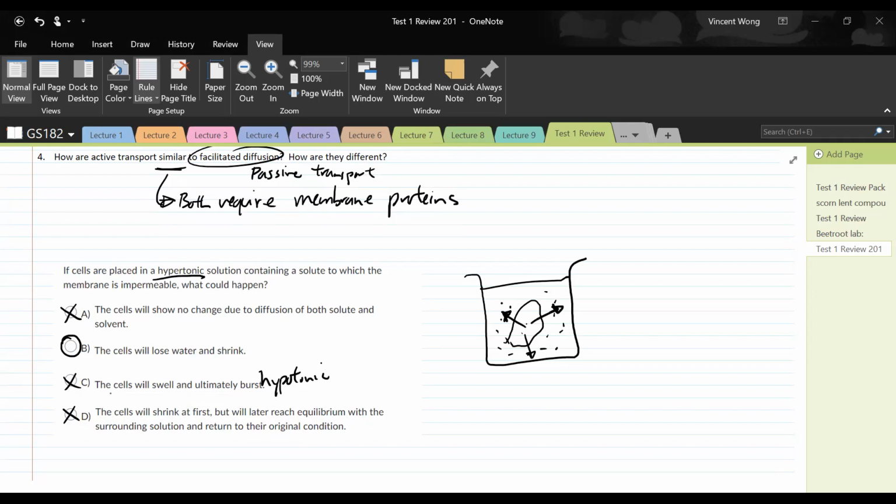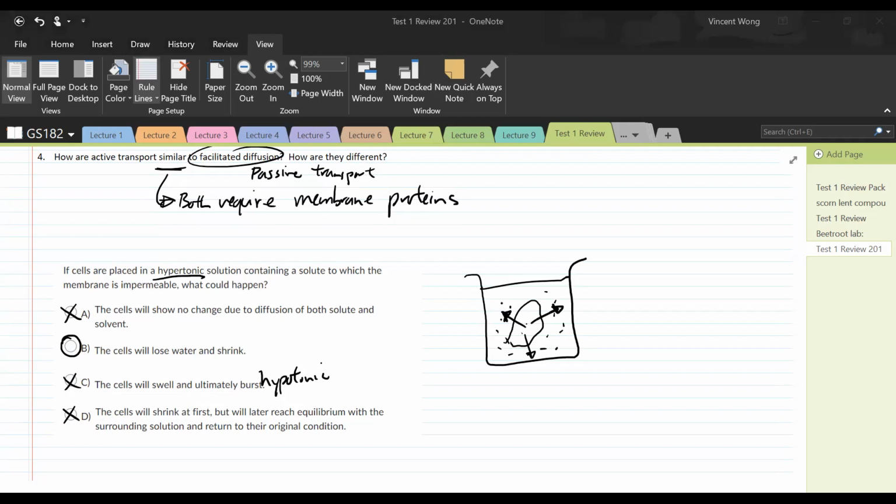Think of a raisin. If you put the raisin into a cup of water, then it swells back up to a grape. But it's not going to reverse itself on its own unless the environment changes. So I hope that is helpful.